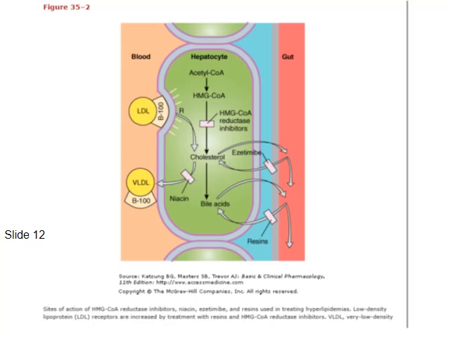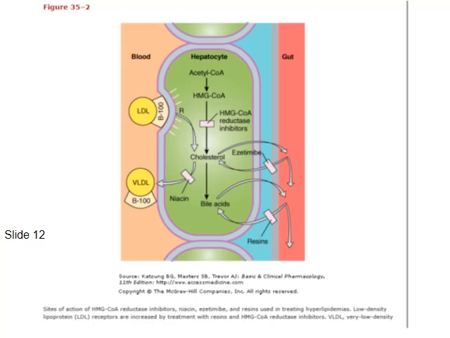And as you watch where cholesterol can go, it can go directly into the gut, or it can be converted into bile acids and then be dumped into the gut, or it could be packaged into VLDLs and sent back out into the blood. So HMG-CoA reductase, very important target.